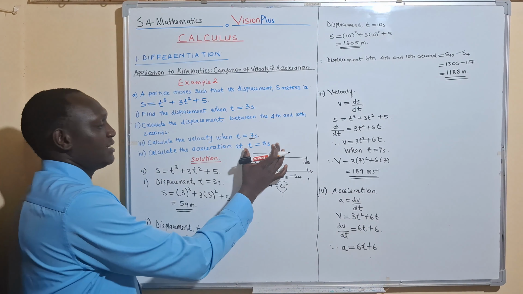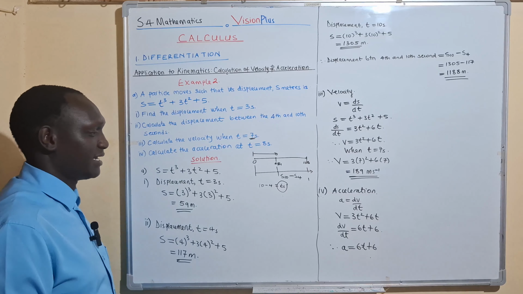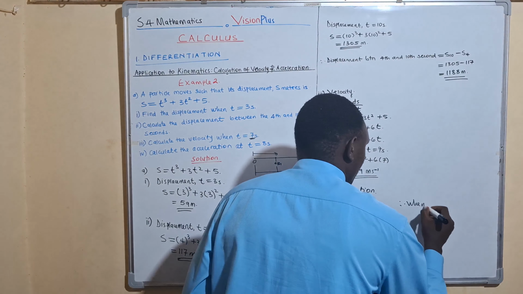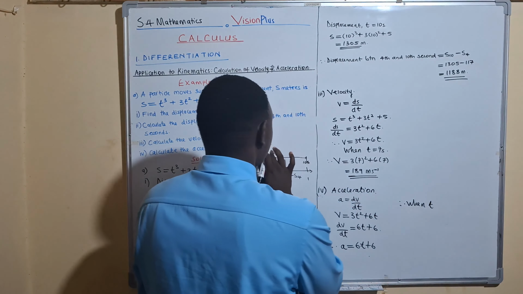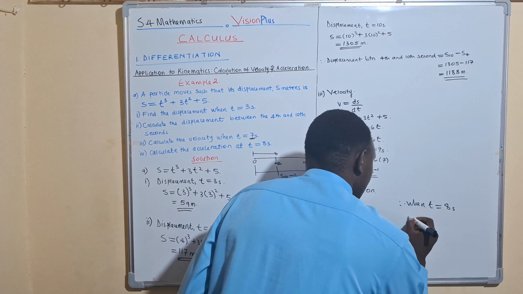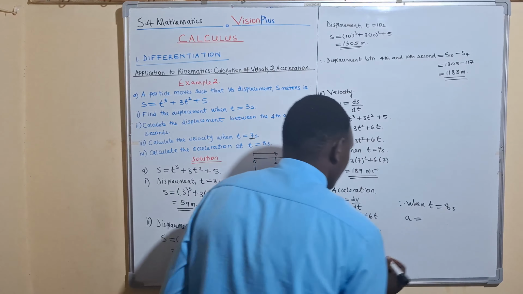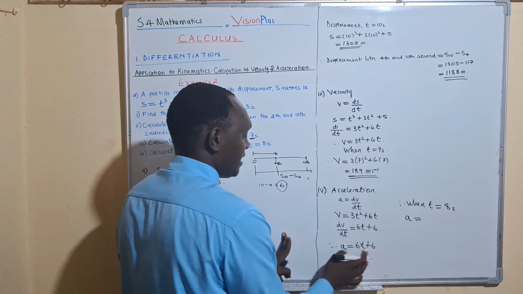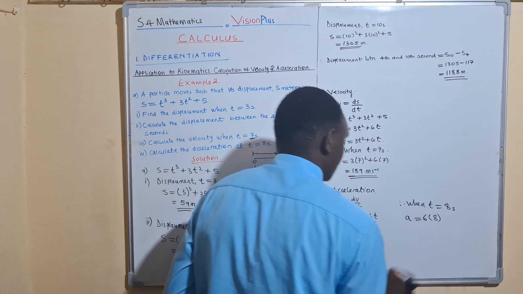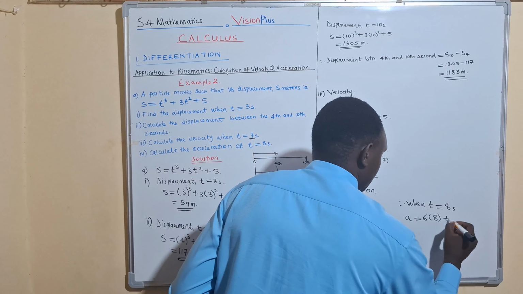But now they want the acceleration after 8 seconds. So therefore say when the time is 8 seconds. What is the acceleration? Acceleration now becomes, you come and use the expression at any time, substitute for t. 6 times t, and now my t is 8, plus 6.